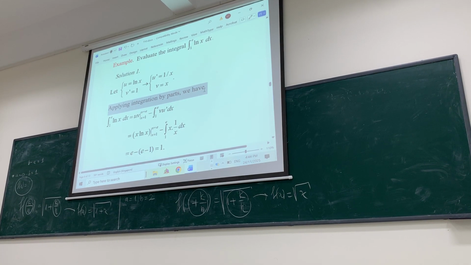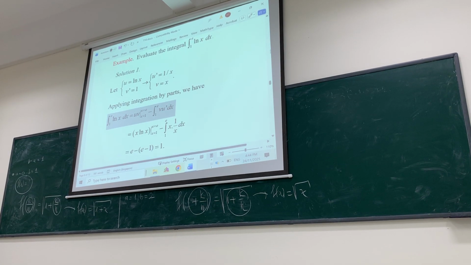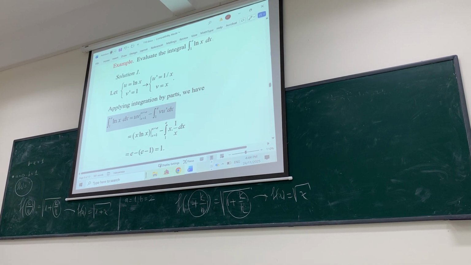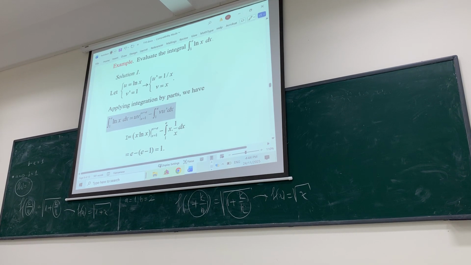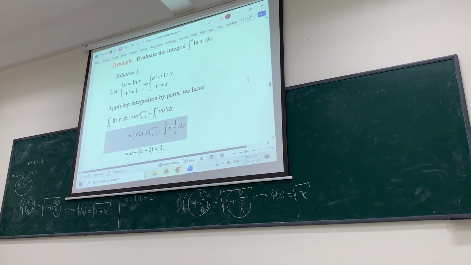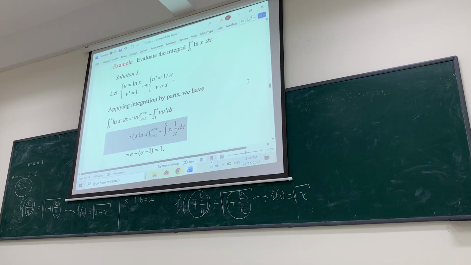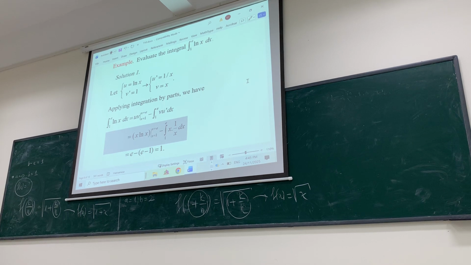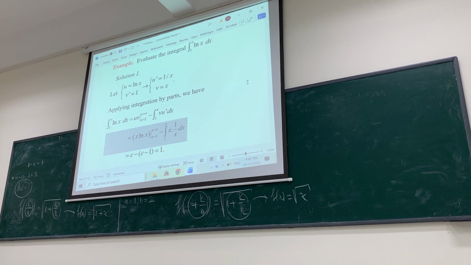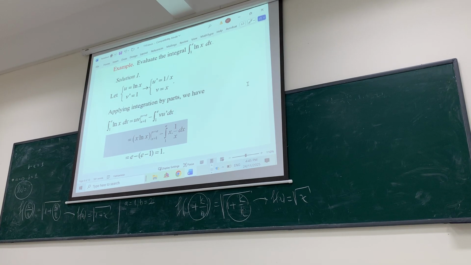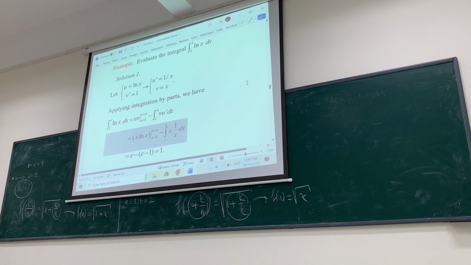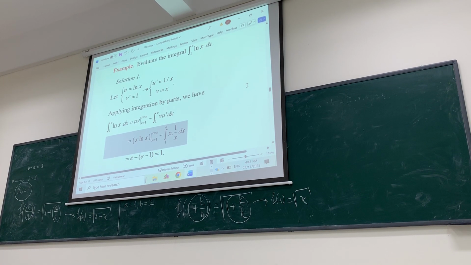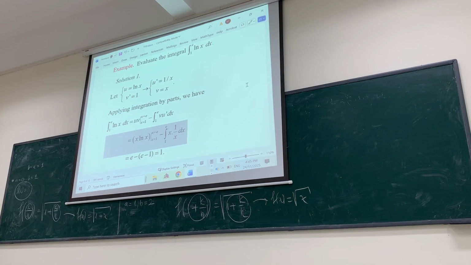We have the integral from 1 to e of natural log x equal to, replacing u and v, x natural log x evaluated from 1 to e minus the integral from 1 to e of, replacing v equal x and u prime equal 1 over x, the last factor is the integral from 1 to e of 1 dx.